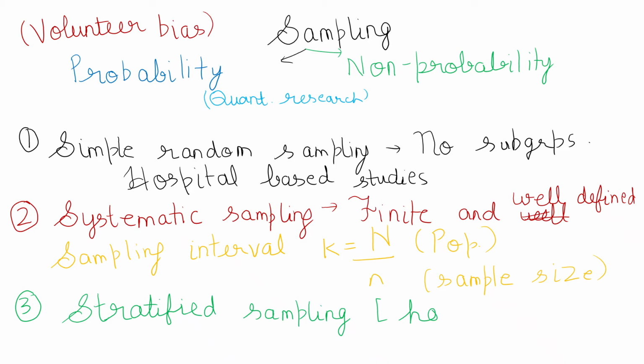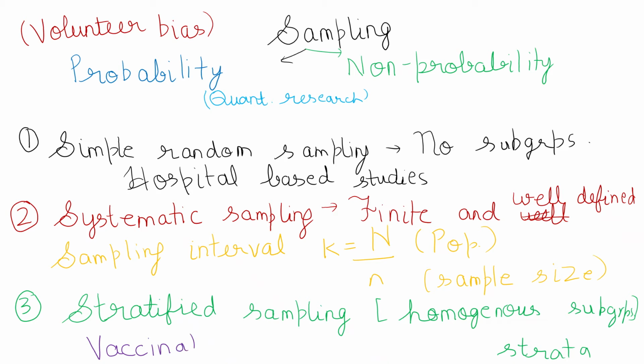Always remember the groups here are homogeneous, not heterogeneous. This is very commonly asked in the exam. These are also known as strata. An excellent example of this is vaccination coverage.